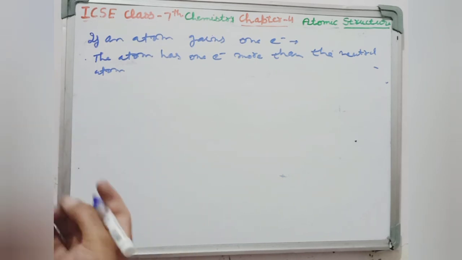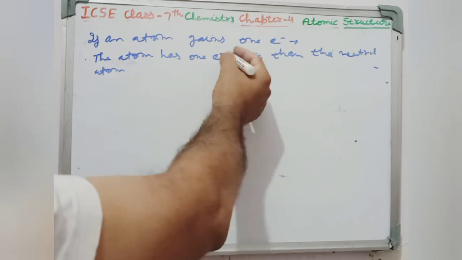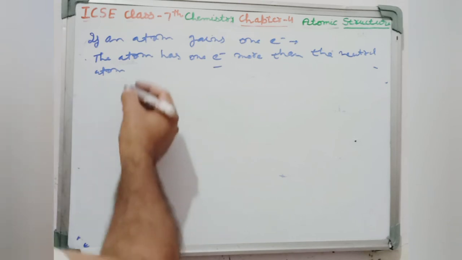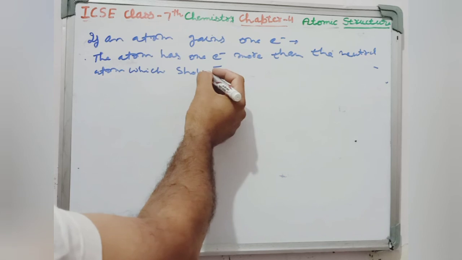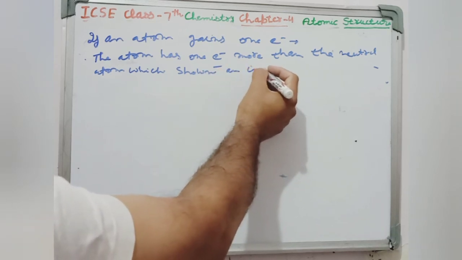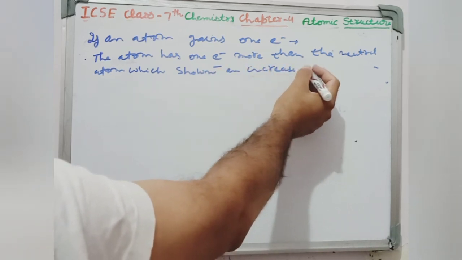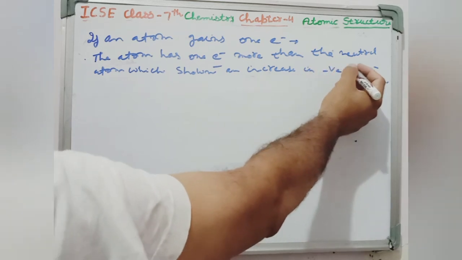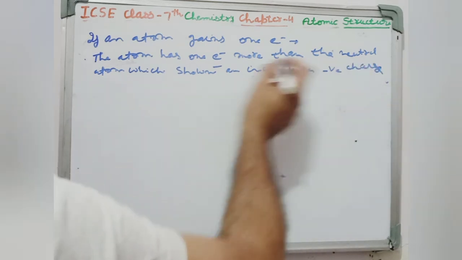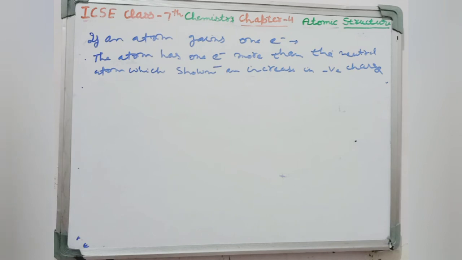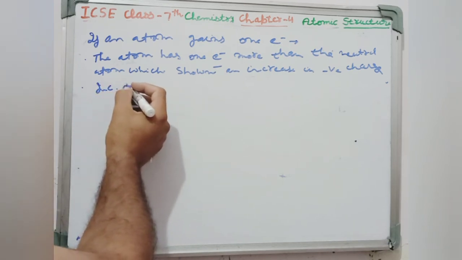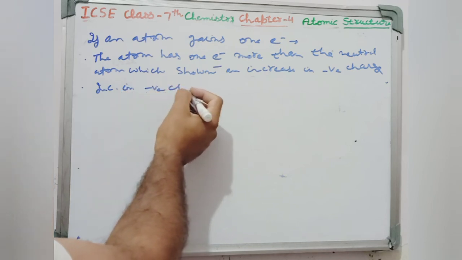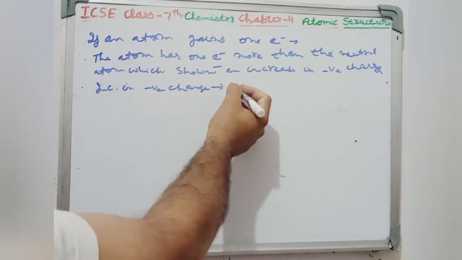When it is gaining, it is gaining negativity, so it shows an increase in negative charge. So due to increase in negative charge, it is an anion.